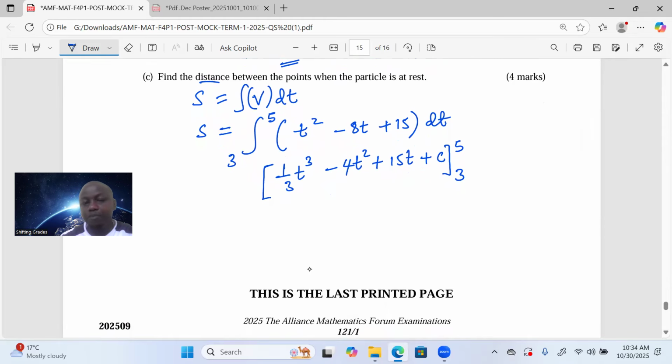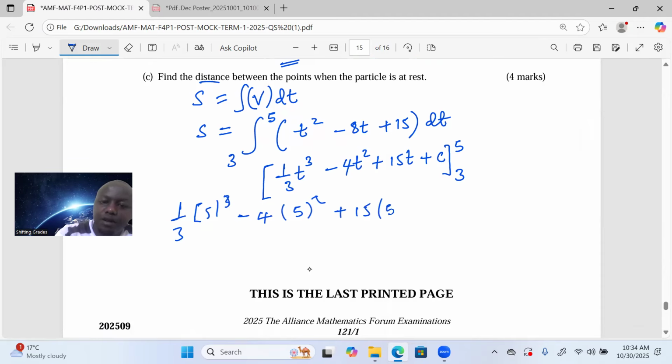Then after this, we can now replace 5 and start with a third of 5 power 3, minus 4 times 5 squared, then plus 15 times 5, plus a constant, like that.